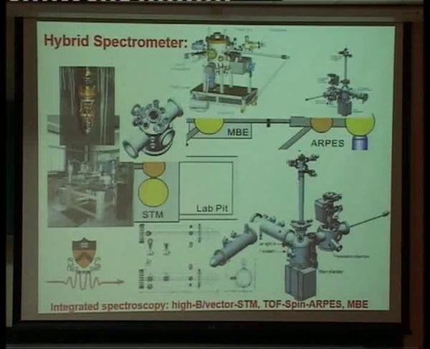So the idea is that I can maintain registry by looking at STM, and then I know where I looked. Then I go to k-space and I look at that. And the field will also allow me to look at the vortex physics in superconductors and possibly look for zero energy modes and other stuff. So this development is quite important, and it's designed to probe topological matter, various forms of effects beyond where we stand.